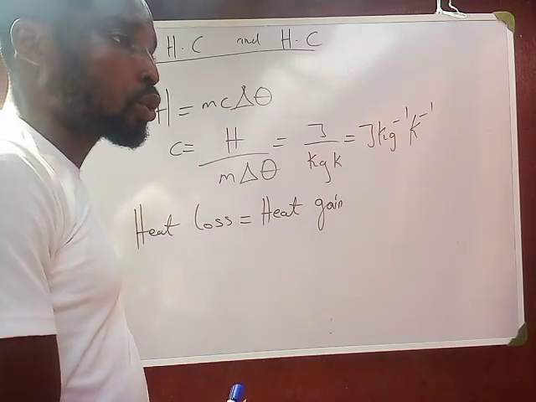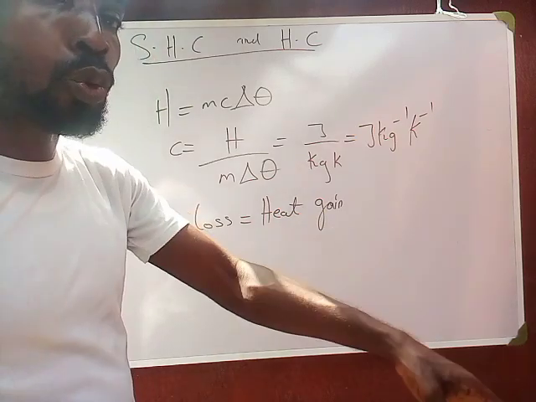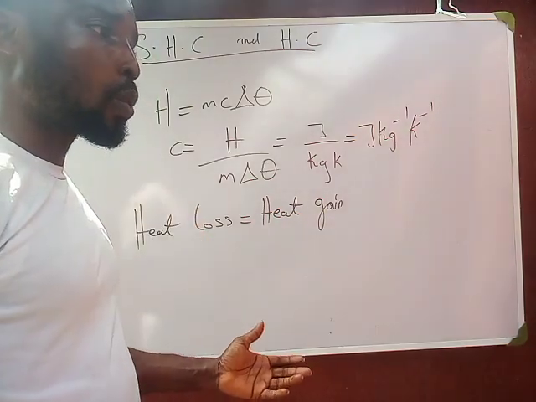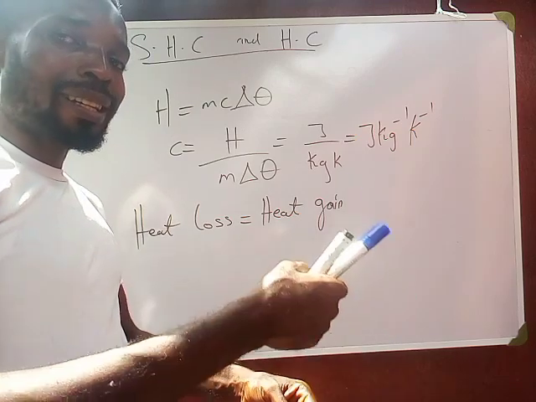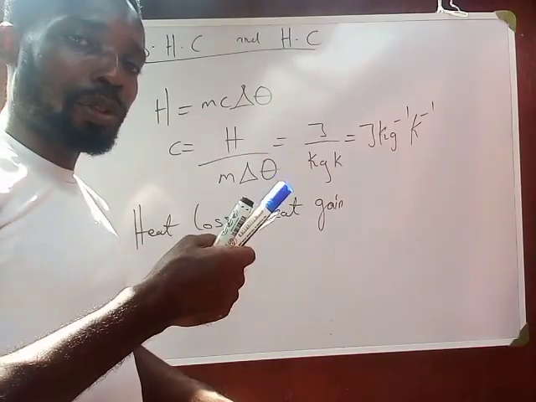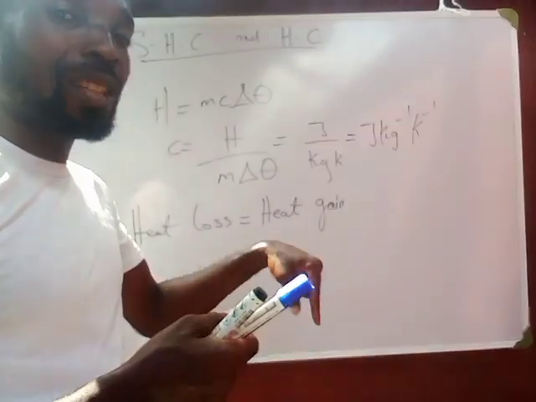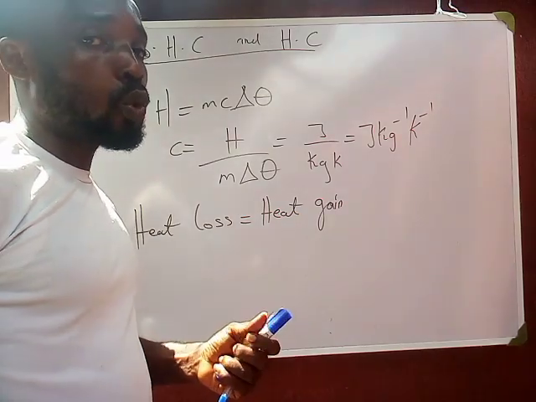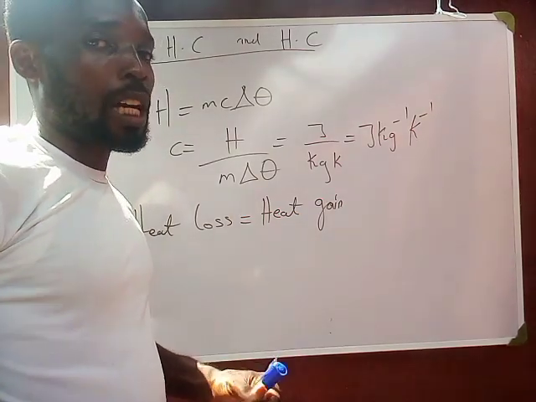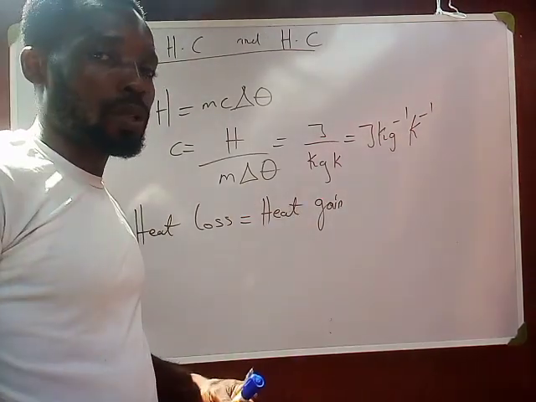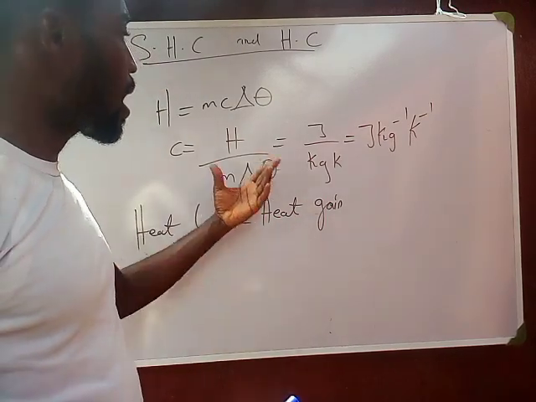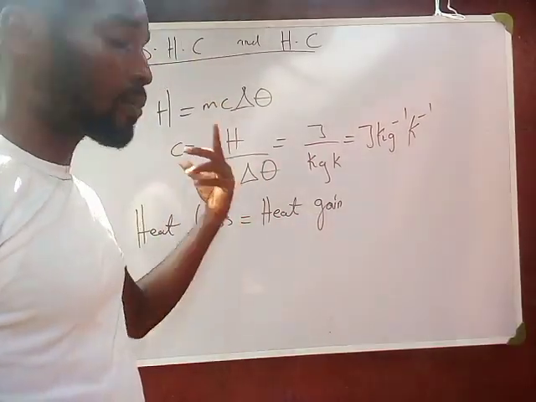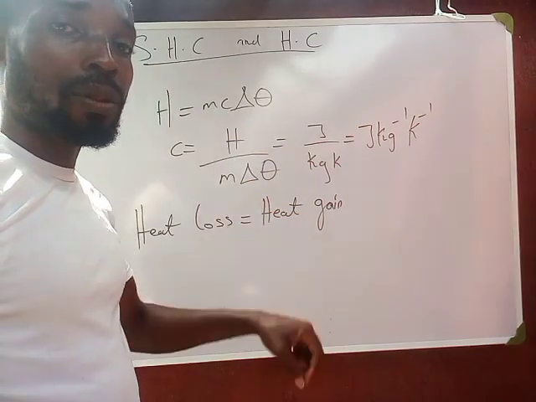Now, pouring the hot water into the cold water, both of them will mix up, having a particular temperature, which is lesser than the hot water, but warmer than the cold water. Take note, heat loss equals heat gain.